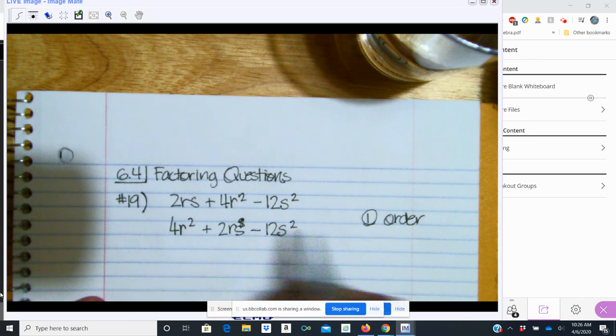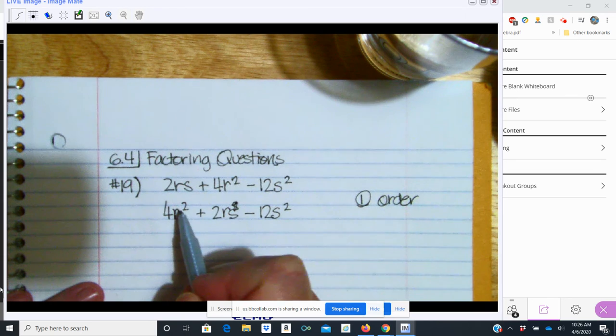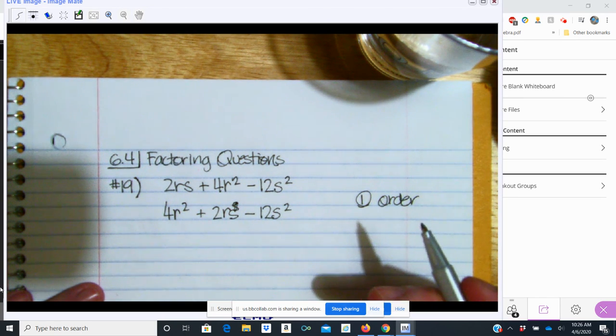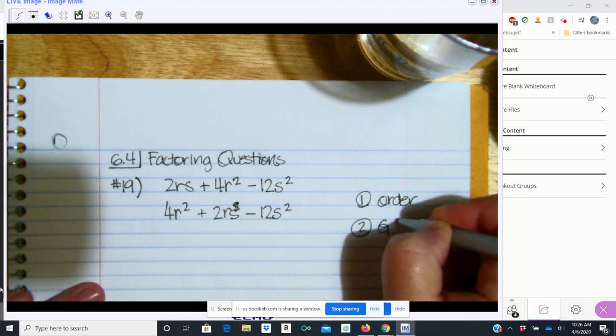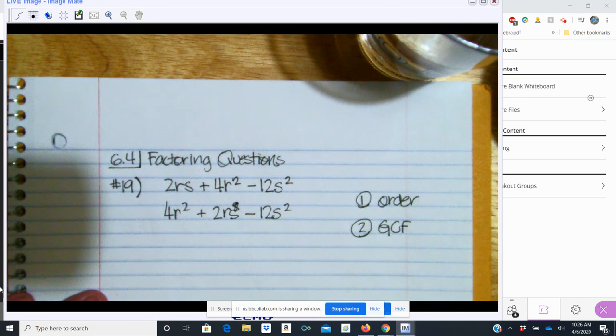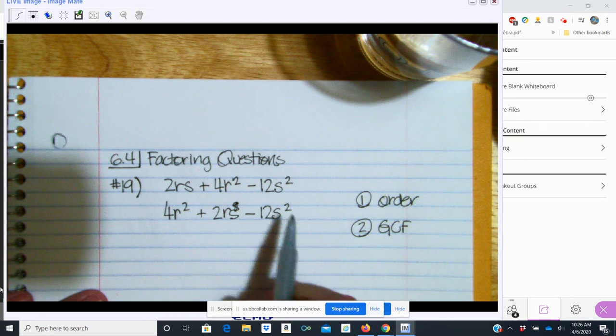Alphabetical, so the R's come before the S's, and then highest degree. Then I'll look for greatest common factor. So is there anything I can take out of 4R squared, 2RS, and 12S squared?